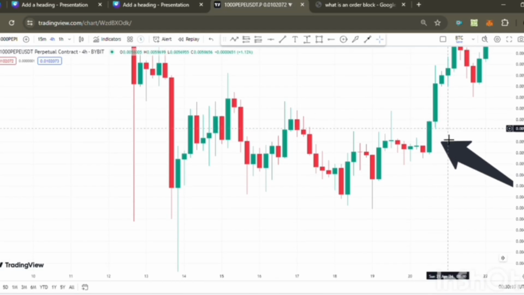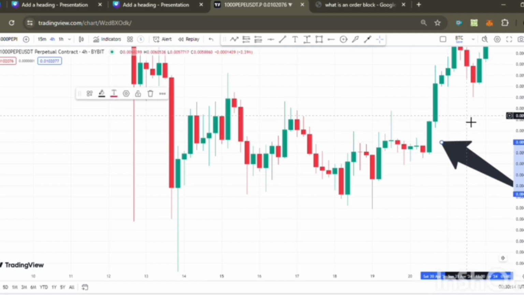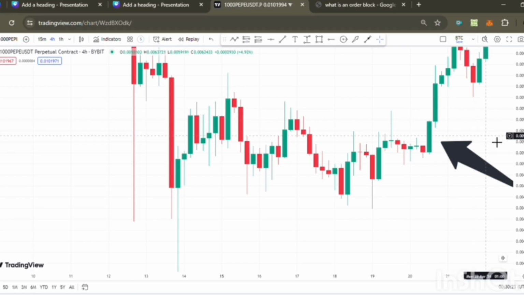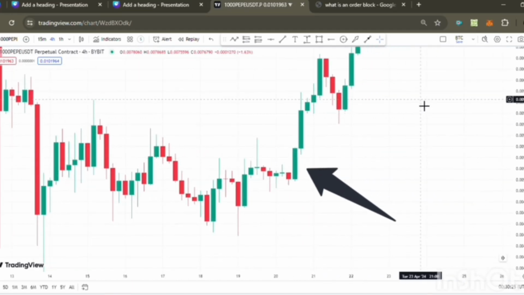Now this gap is caused because of the inefficiency of the market, somehow called the market imbalance. All right, because the market is not balanced. And as such, the market will always come back to fill that imbalance, or to fill that gap.